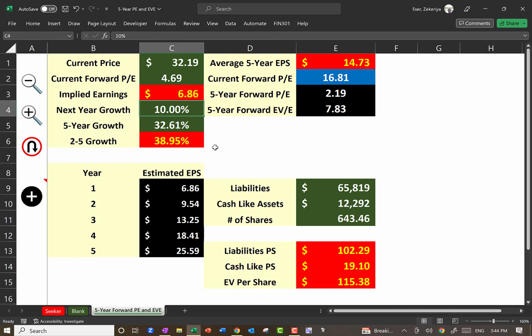Okay. This immediately tells us the 5-year forward PE is 2.19. So given these earnings, it's going to take me over 2 years to get my money back.